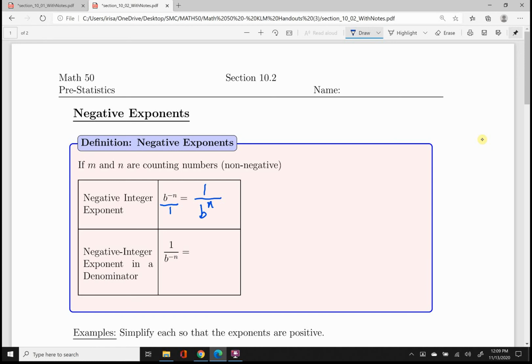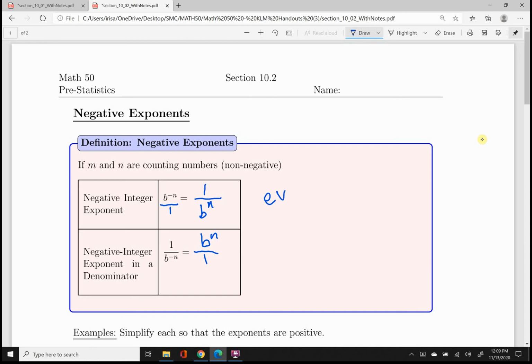If, alternatively, you have a negative exponent in a denominator space already, you can throw it back upstairs with a positive exponent. So it's like they switch positions by virtue of evaluating the negative exponent. If a negative exponent's in a numerator space, you take away that negative sign and throw it downstairs. If it's already downstairs with the negative exponent, you take away the negative sign and throw it back upstairs. That is the process of evaluating the negative exponent.